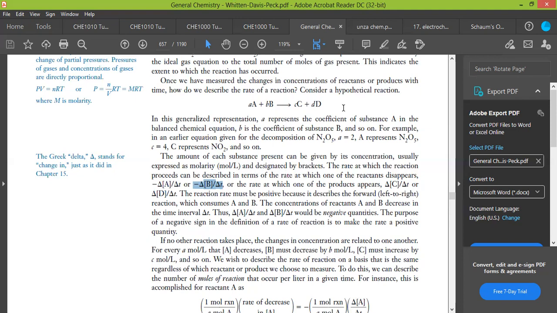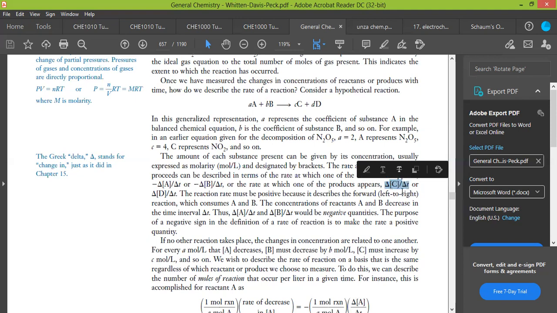So this amount increases, and therefore there's no need for you to include a negative sign. When it comes to writing the rate with respect to products, you write them as positives. So for instance, if C is your product and you want to measure the rate of this reaction with respect to C, you're going to say change in C divided by change in time.